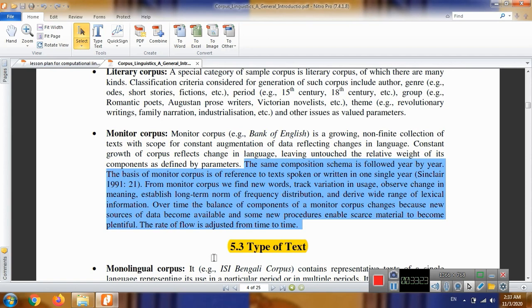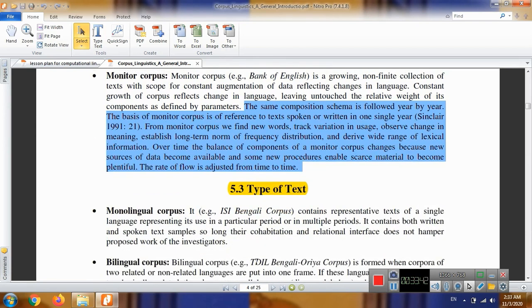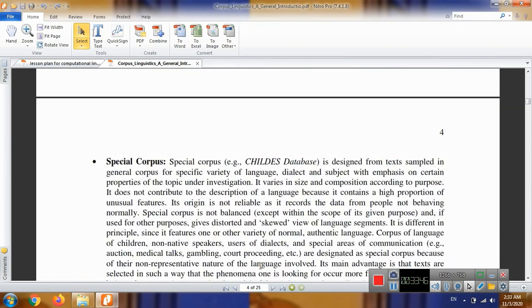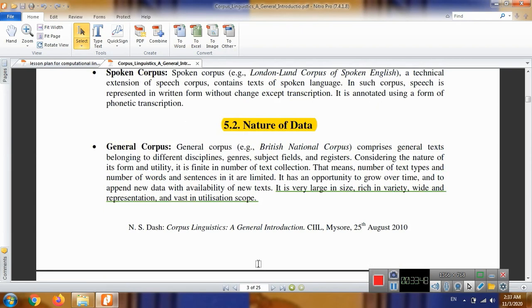Over time, the balance of components of a monitor corpus changes because new sources of data become available and some new procedures enable scarce materials to become plentiful. The rate of flow is adjusted from time to time.